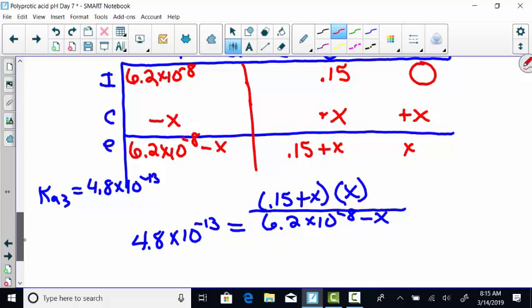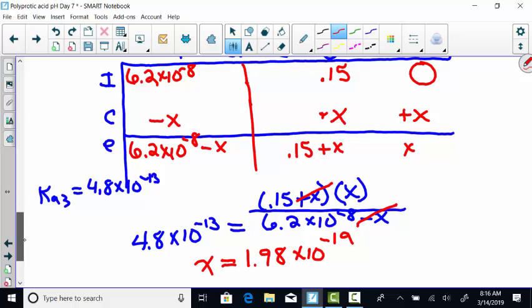Same problems, get rid of this, get rid of this, but now I cannot cancel anything else out. You need to mathematically solve this for x, and I'm going to assume that you can do that math. When you do, you should get 1.98 times 10 to the minus 19th.